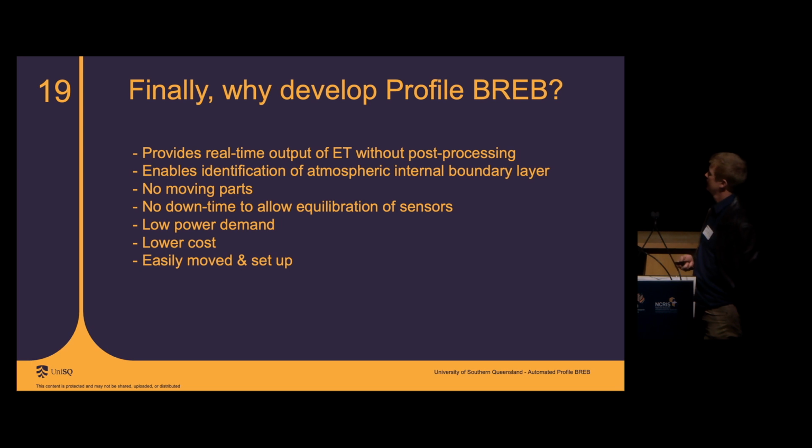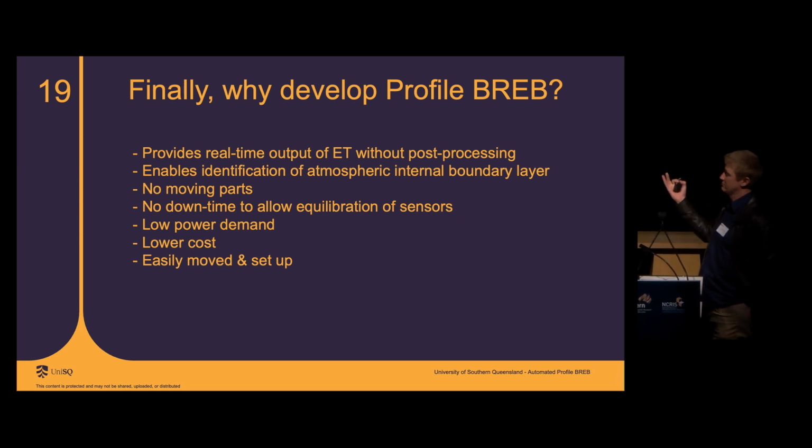No moving parts on this Profile BREB system, which means lower power requirement. This draws milliwatts to run, and I was making measurements every minute. The automated processing inside the logger meant that the 32,000 measurements that I made were all processed automatically.